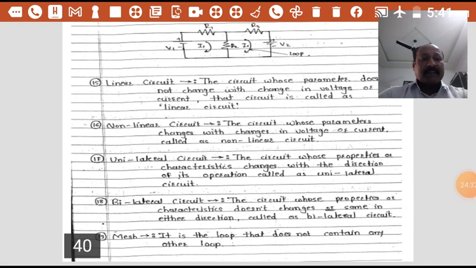Basic definitions, that is the different types of circuit: loop, mesh, elements, that is passive, active, then passive circuit, active circuit. Then we have series circuit, parallel circuit, and the relation between series and parallel. Then star and delta, how to convert the star connection into delta and delta into star.